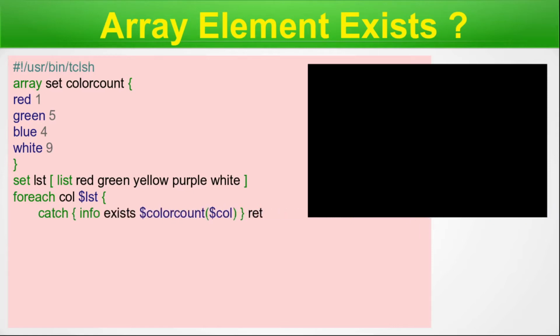So we start, and here we are using another procedure, catch. It is from Tcl, and it can catch the return value. We are also using another procedure called info exists, to check the key-value pair: $color, then the element $color.